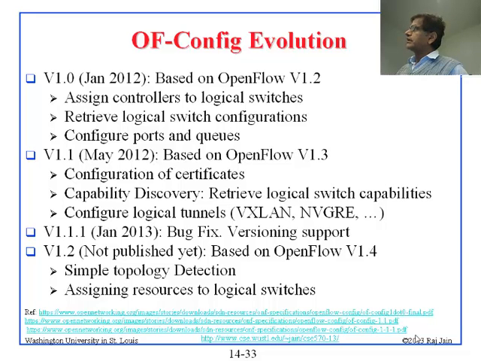And then it was also retrieving the capabilities of the logical switch. So the tunnels, etc., can be done with the configuration. And then 1.1.1 is simply a bug fix. 1.2, which has not been published yet, is going to do a little more topology detection and assigning resources to logical switches. So we don't know exactly what is going to be in 1.2.